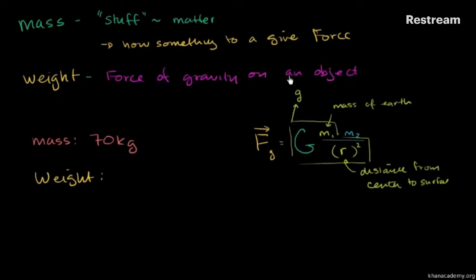And lowercase g is, and I'm just rounding it here, 9.8 meters per second squared.